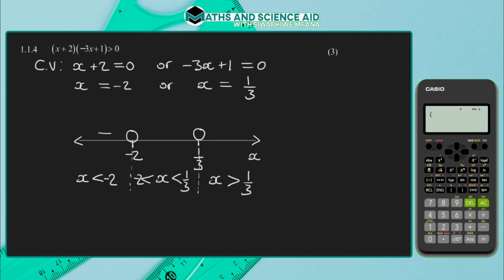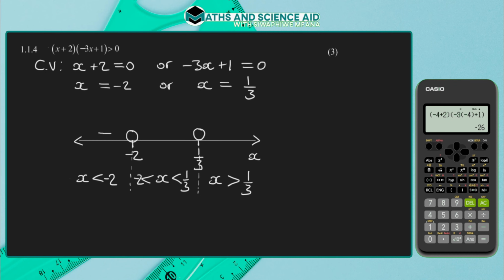If we use -4, we would have (-4 plus 2) multiplied by (-3 multiplied by -4 plus 1). I just substitute -4 into the expression, and look at what we get. We get -26. So it's the sign that we care about. It's negative, which means that here we have a negative.